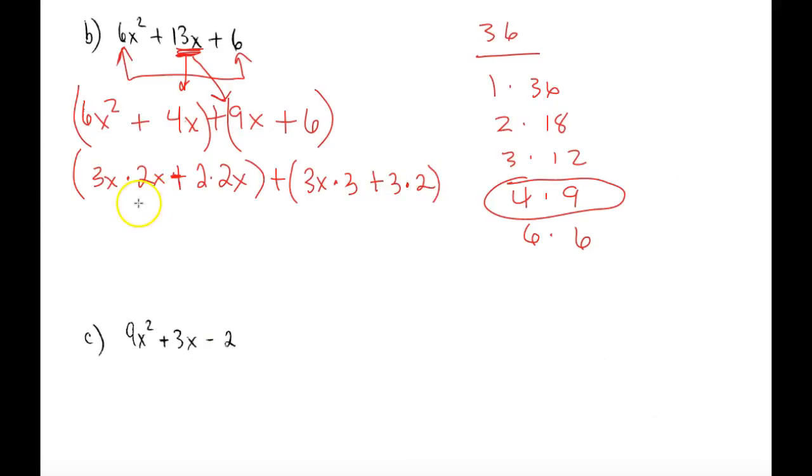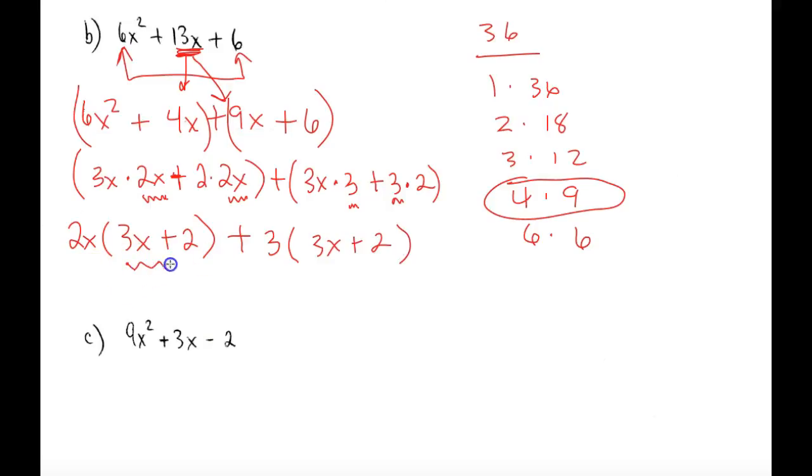And so from that, you'll see that we have in common here 2x in both terms. So we'll factor out a 2x. What's left is 3x plus 2. And then for the second group, you see that we have in common a 3. Okay, so if we factor out the 3, we have 3x plus 2.